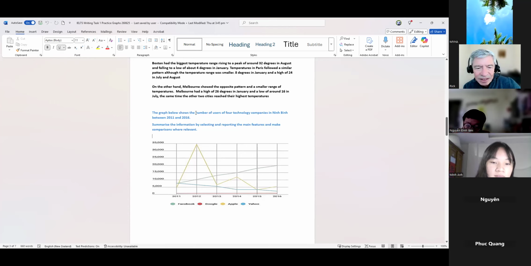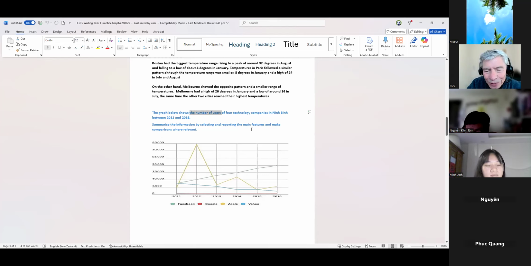This one, a little bit more different. The number of users. Phu Quang. Instead of saying the number of users, can you think of a different way of saying that? Can you think of a paraphrase?